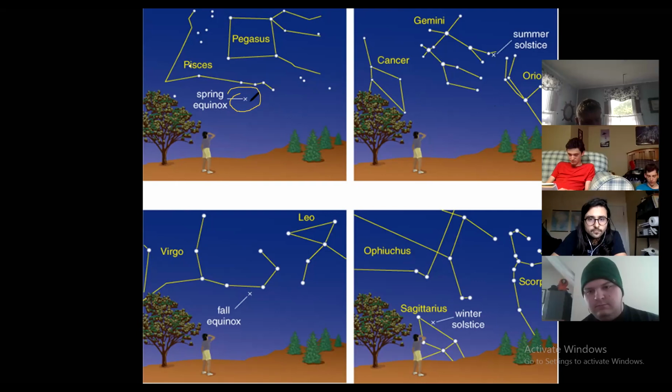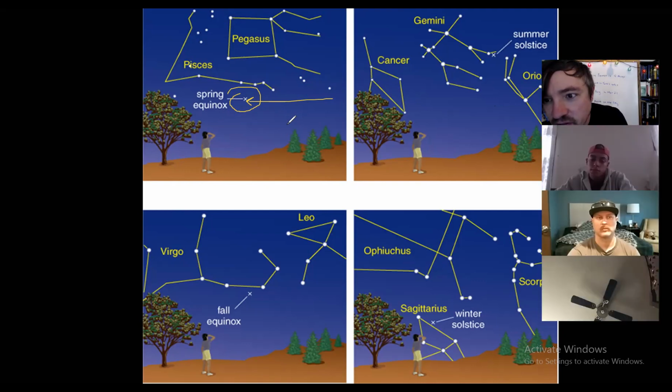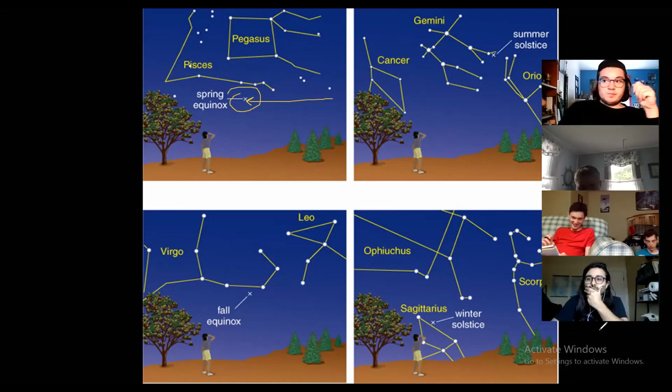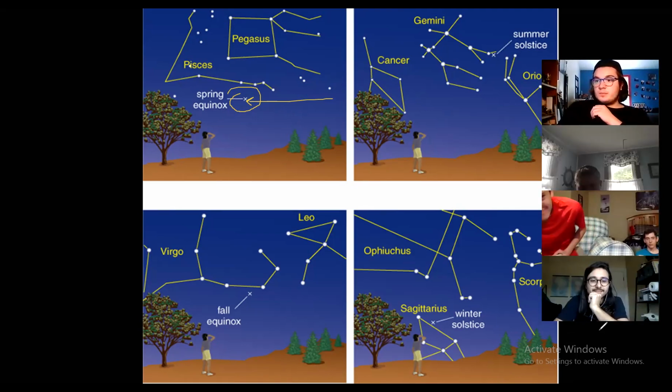Actually, it turns out that one day per year, on a very particular day, a special astronomical object will appear at the spring equinox once per year. Anyone think they could guess what that special astronomical object is that appears at the spring equinox for just one day each year?